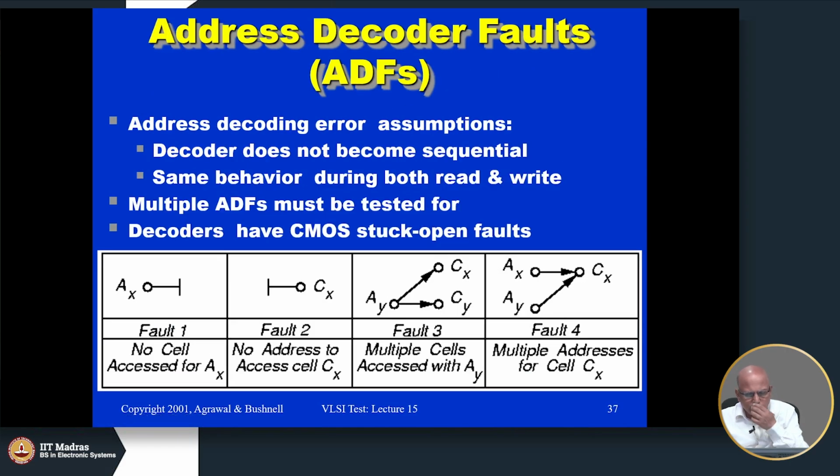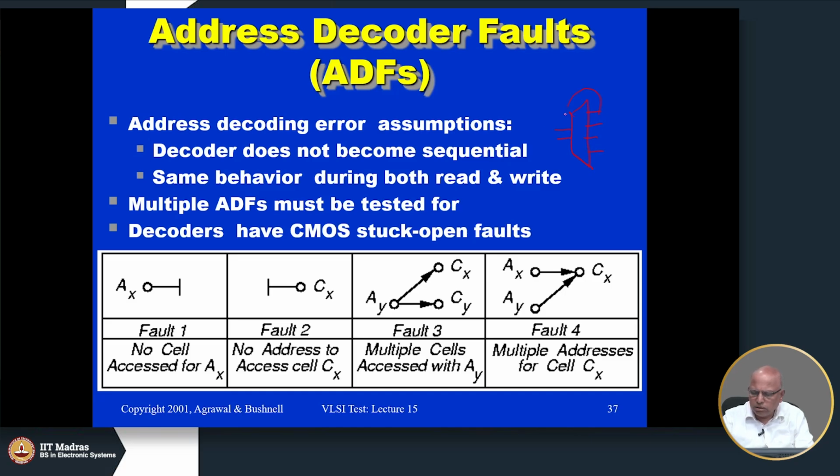There could be address decoder faults. So, the decoder, we assume that the decoder will not become sequential. Okay. See, suppose I have a decoder, this is a 2 to 4 decoder.